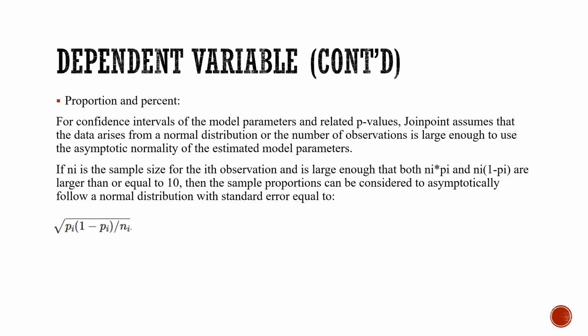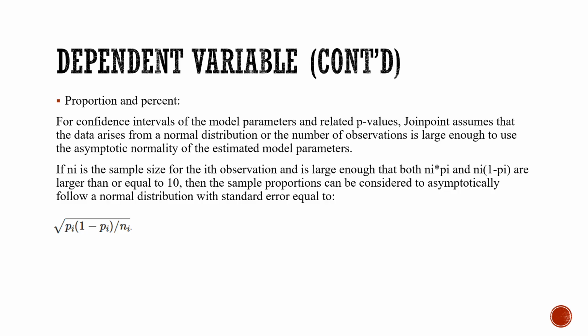For confidence intervals of the model parameters and related p-values, Jointpoint will assume that the data arises from a normal distribution or the number of observations is large enough to use the asymptotic normality of the estimated model parameters for proportions and percentages.